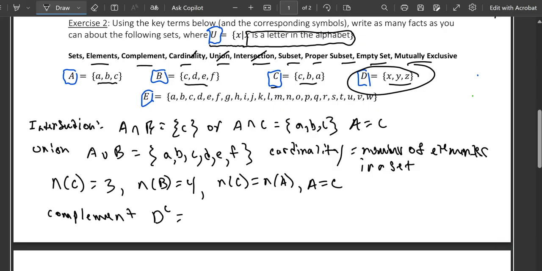The complement of D is going to be E because E has all the elements right up to W, but it doesn't have X, Y, and Z. So the complement of D is equal to E. Or I can say the complement of E is what's not in E but is in the universe, and D has the rest of the stuff that's not in E, which is the rest of the material that's in the universe. Okay, so that took care of complement.